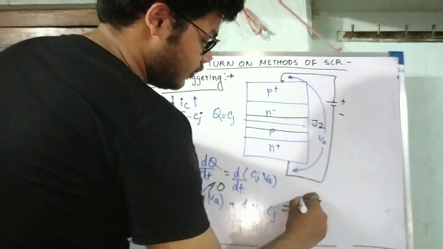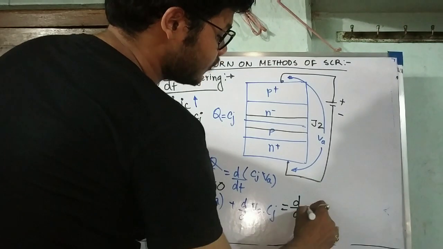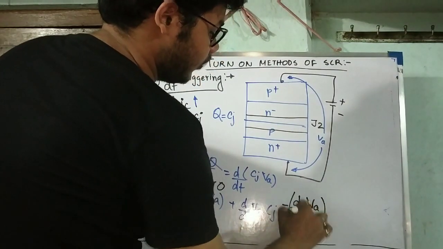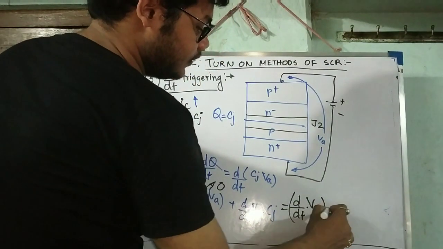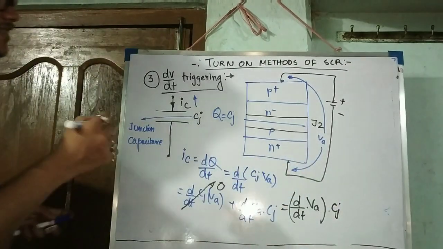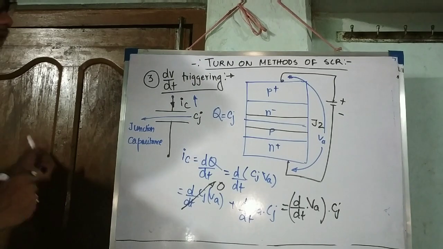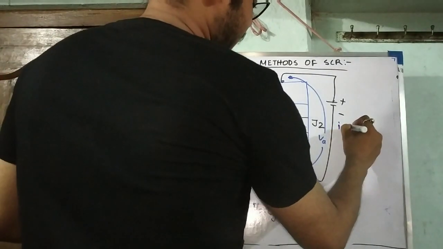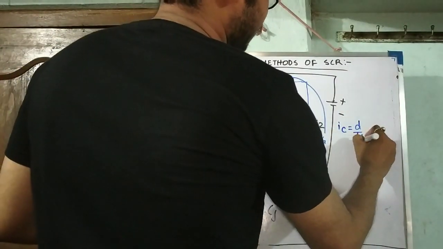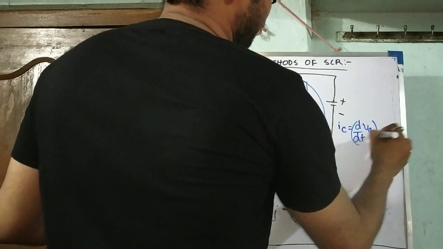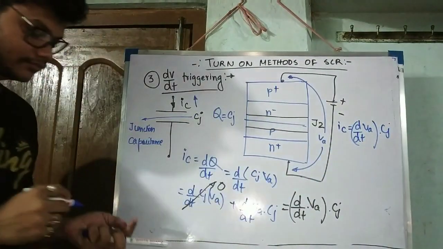Now this whole thing is converted into dVA/dt into Cj. As Cj is constant only, so the IC has now become d/dt of VA into Cj.